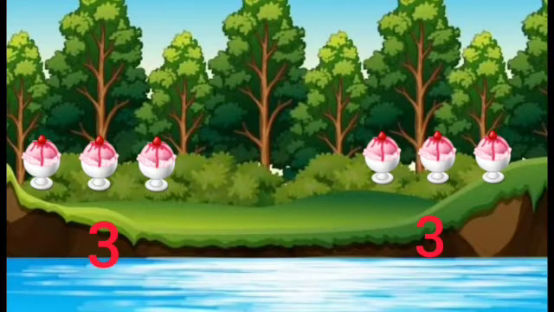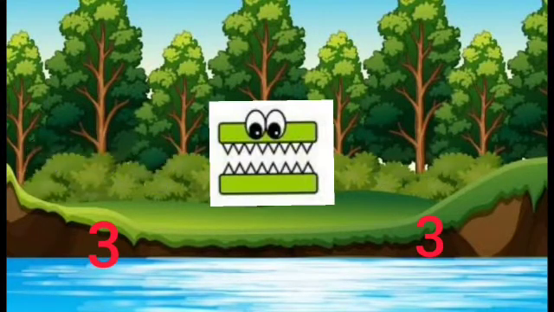The crocodile saw 3 ice cream cups on both sides. Seeing this, the crocodile got confused. He ate the ice creams from both the sides. Yum yum yum. Kids, what did we learn through this crocodile story? That the hungry crocodile opens his mouth only towards the higher quantity. When he opens his mouth towards its right, it is called greater than sign.